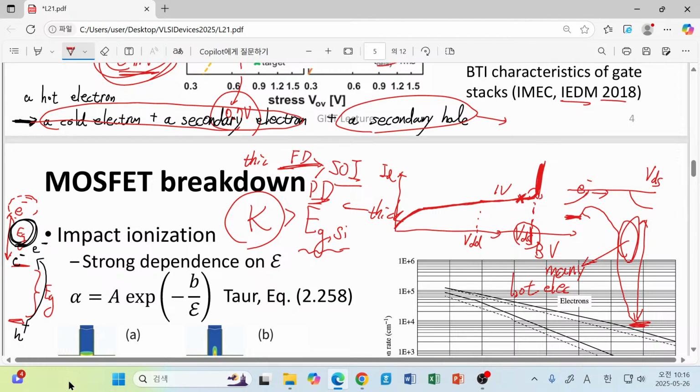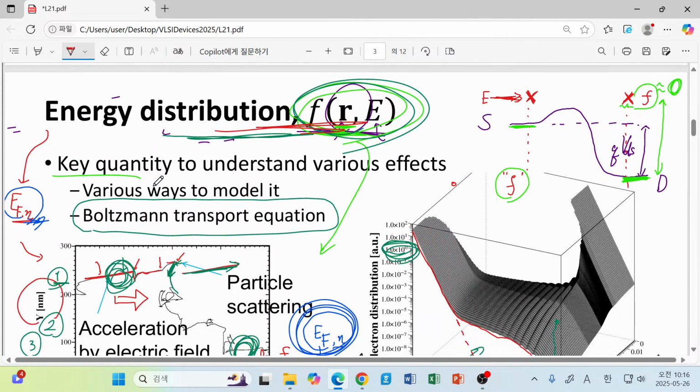Anyway, let me just wrap up today's lecture. Today we talked about quite an important quantity called the energy distribution function. This simply means, at a certain position and energy, how probable it is to be occupied. This is the concept, and the additional information we can expect from this distribution is not just the number of electrons, but how many electrons are hot.